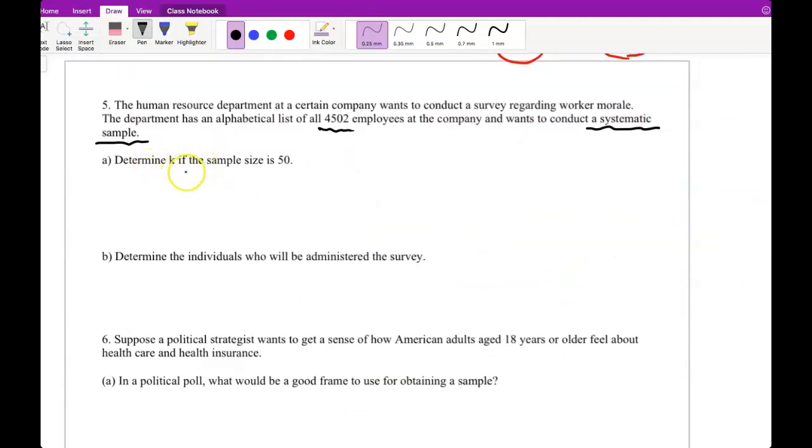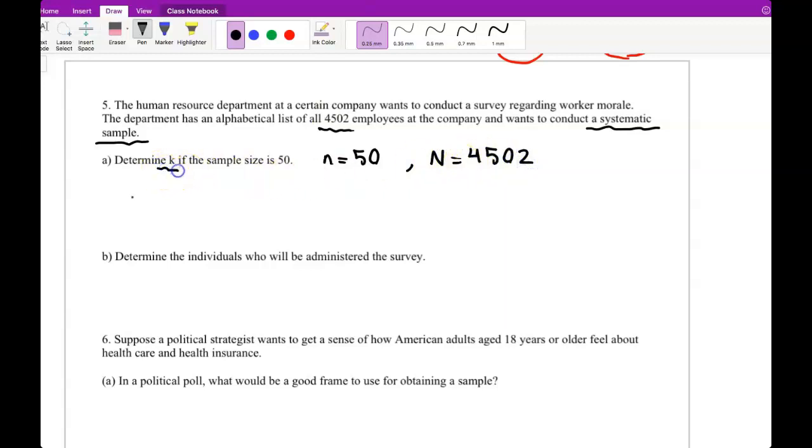Part A, determine K if the sample size is given. Sample size is 50, and the population size is 4,502.